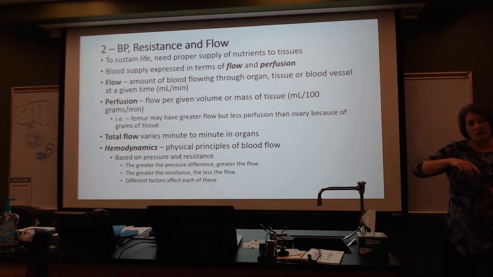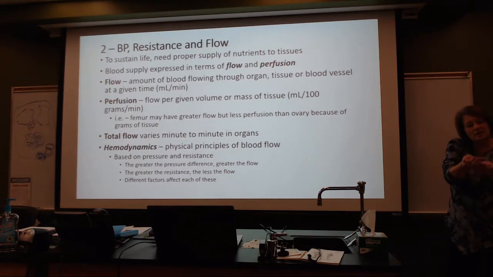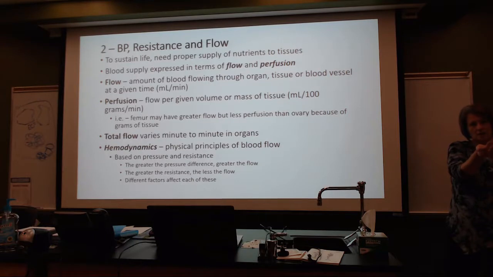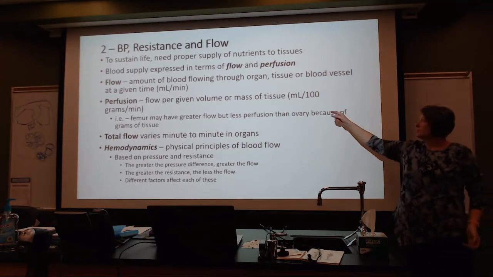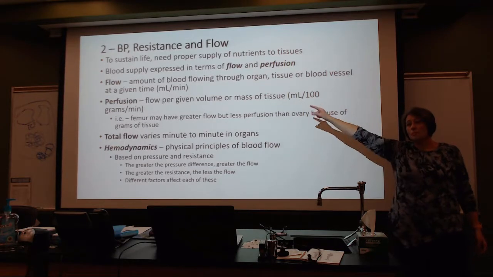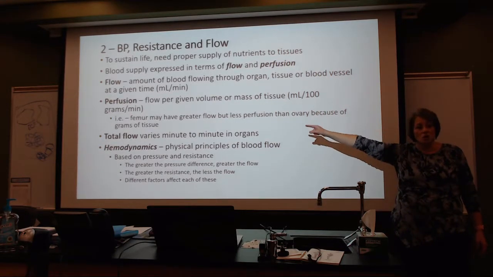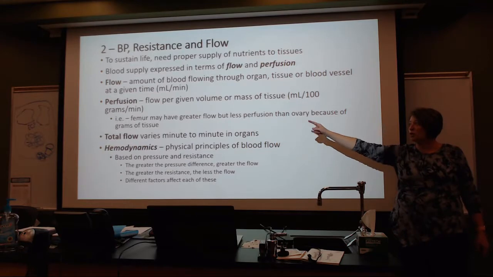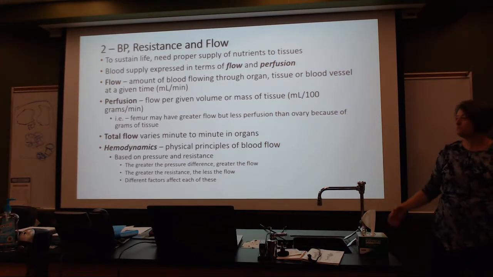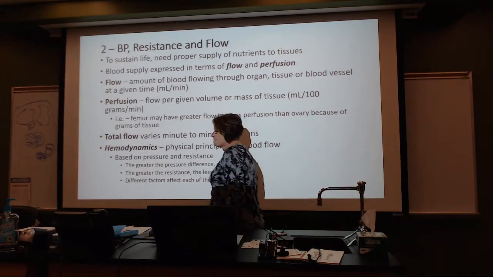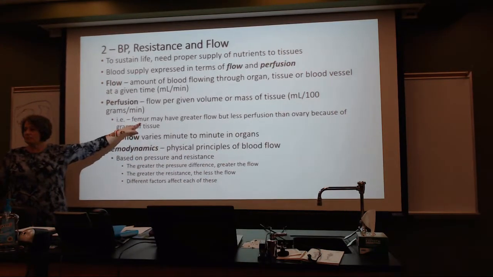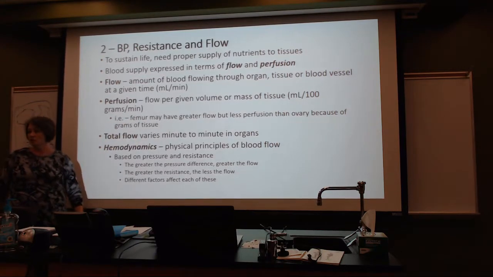What is the flow for a given mass, weight of something? Usually milliliters per 100 grams per minute. Now, what does that mean? The femur, largest bone of the body.